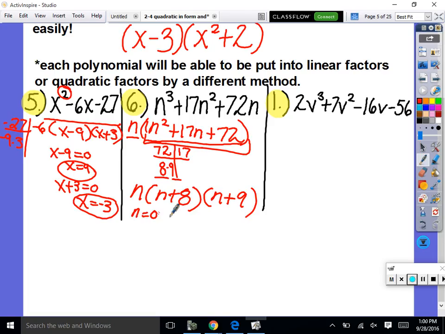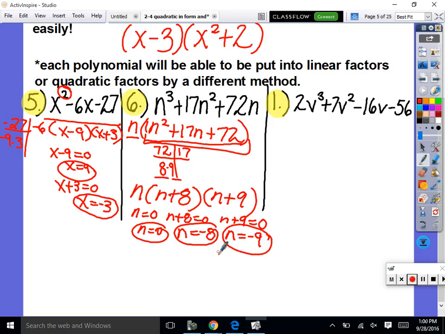So we have n equals 0, n plus 8 equals 0, n plus 9 equals 0. So we have n equals 0 as a solution. Subtract 8, we get n is equal to negative 8. And subtract 9, n is equal to negative 9. We have 1, 2, 3 solutions. It was degree 3, so we better have 3. So we've been solving polynomials.